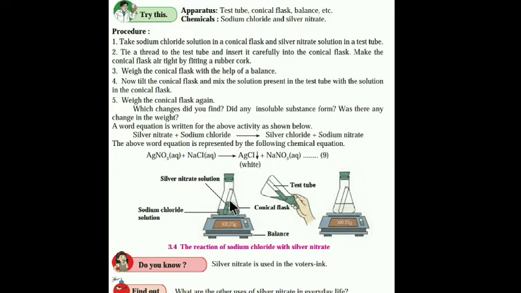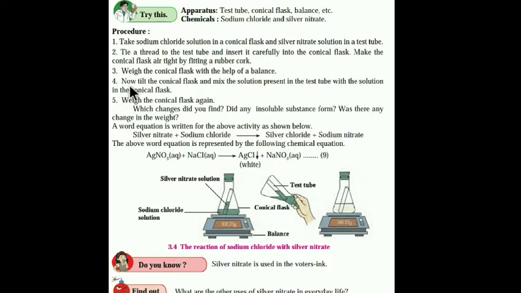Hence, in this test tube there is the silver nitrate solution, and the sodium chloride solution is in this conical flask. Then we make this conical flask airtight by using a rubber cork. Third, weigh the conical flask with the help of a balance.